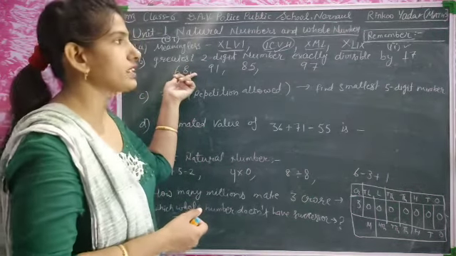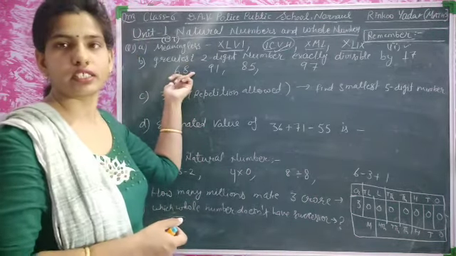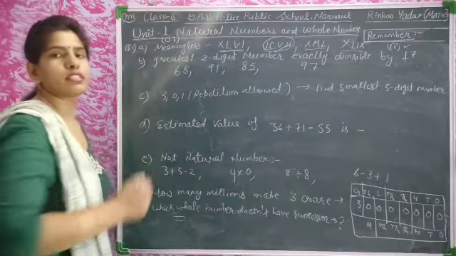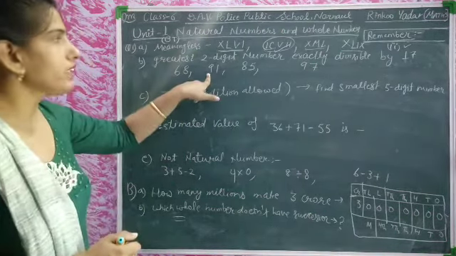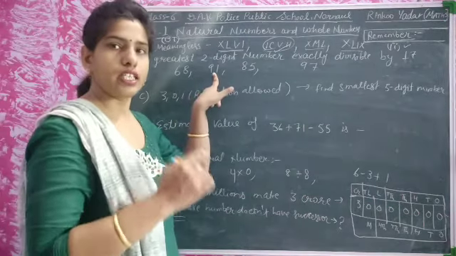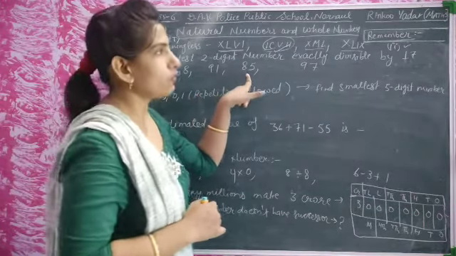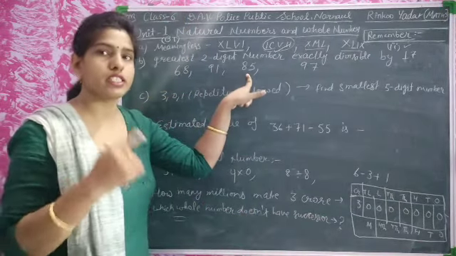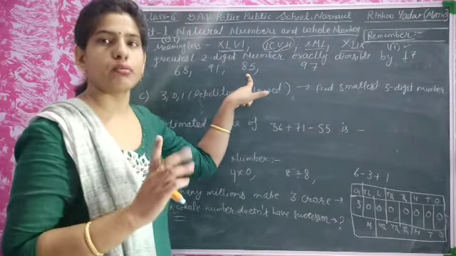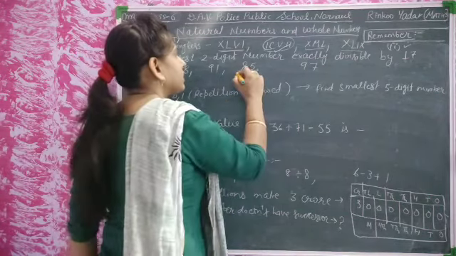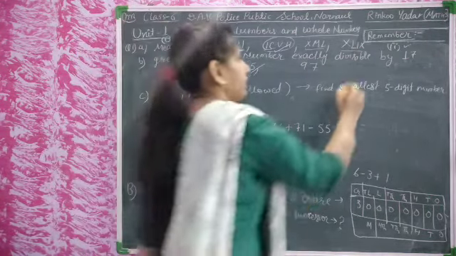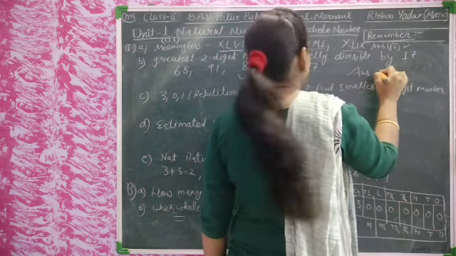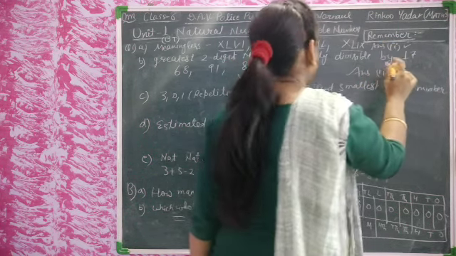If we divide 68 by 17, there is some remainder. If we divide 91 by 17, there is also some remainder. And if 85 is divided by 17, it is exactly divided. The remainder is 0 only. It means this is the correct answer, and the third option is correct here.